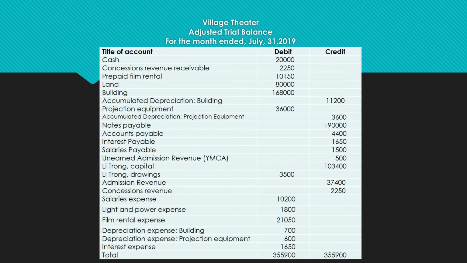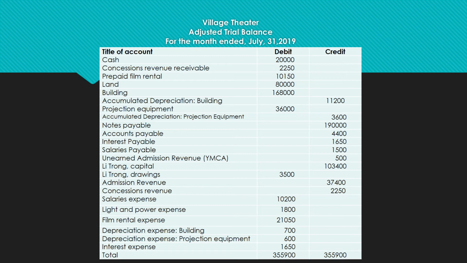Now you can see that the cash which was already given in the trial balance was 20,000. Now we have kept the same cash of 20,000 because cash is never involved in adjusting entries. Now the second title of accounts that we have given in the adjusted trial balance is concessions revenue receivable, because in the sequence of the adjusted trial balance, or even in the trial balance or balance sheet, first we record current assets, and in sequence after cash we show receivables.